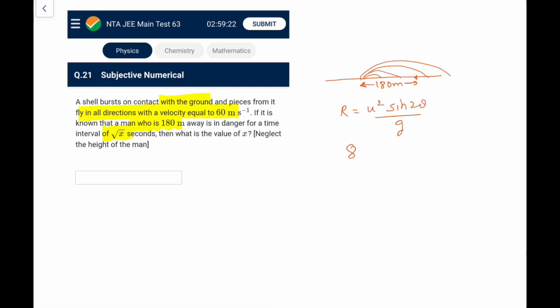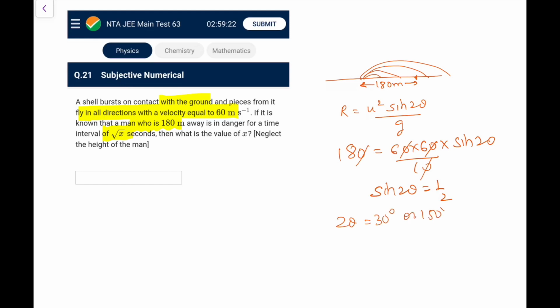So 180 is 60 into 60 sine 2 theta by g. Typically we take g as 10, so sine 2 theta comes out as 1 by 2. So 2 theta is 30 degree or 150 degree. So you have two possible angles, 15 or 75, or basically you can say for projection from 15 to 75 it is in danger, or at 15 or 75 exactly this point is in danger.